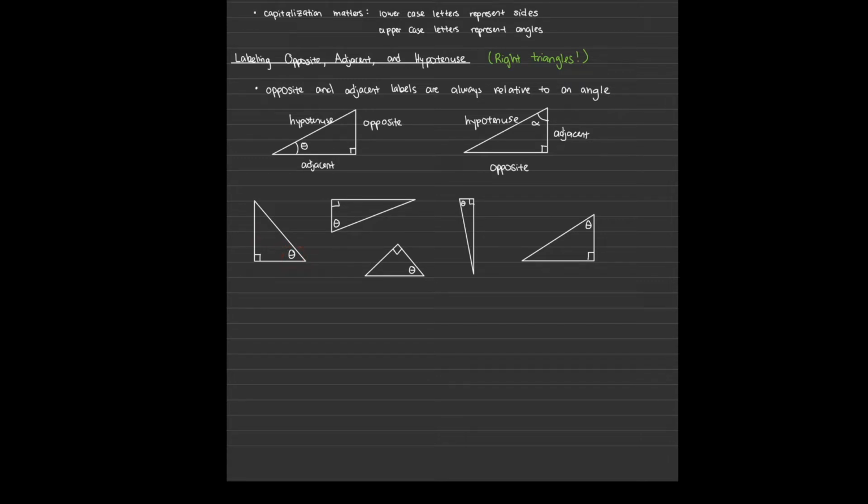Here's my opposite side, so I can just label it with an O. My hypotenuse is opposite my right angle, and the adjacent has both the right angle and theta with it. So here's my opposite side, that is opposite my angle theta, hypotenuse, and adjacent.